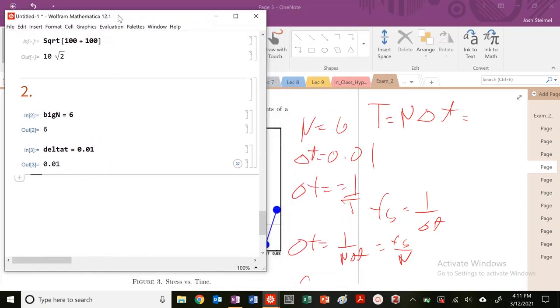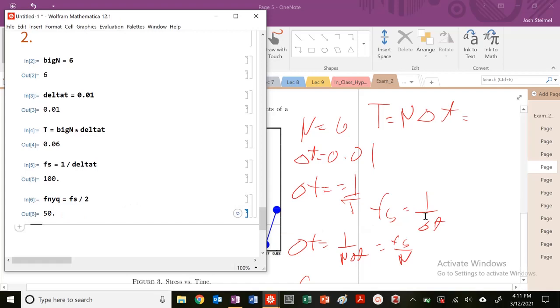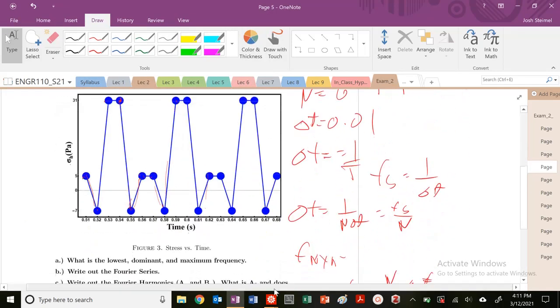Now I can do my T. That's why you need to clear your notebook. I'll double check delta t with some math as well. F sub s is equal to 1 divided by delta t. My f Nyquist equals f sub s divided by 2, which we derived over here. And we also know what the Nyquist frequency is.